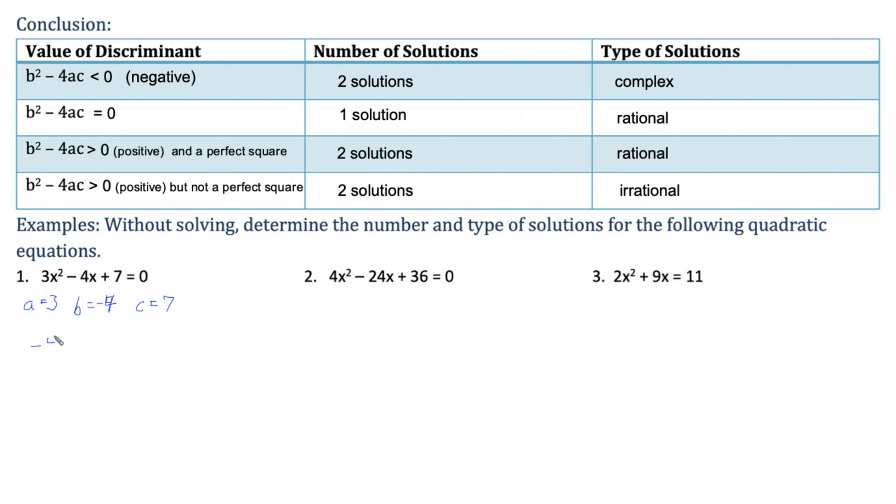So again, we're using the discriminant, b squared minus 4 times a times c. This is 16 minus 84. 16 minus 84 is going to be a negative, so we know that it's 2 complex solutions.